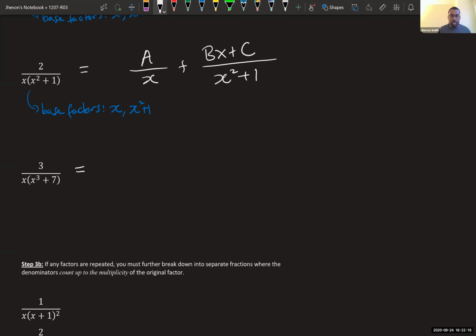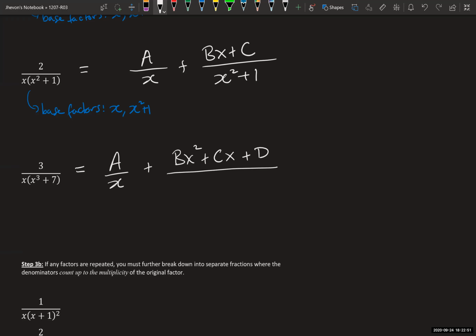Okay. Someone tell me how you'd break this one up. So it's A over x, plus Bx squared plus Cx plus D over x cubed plus 7.